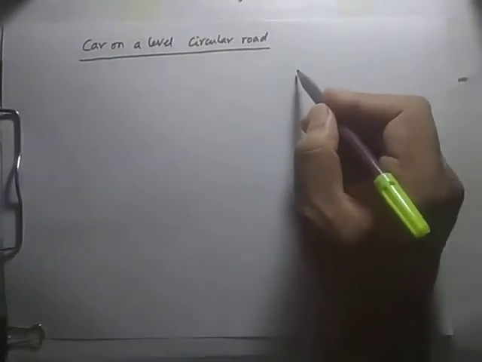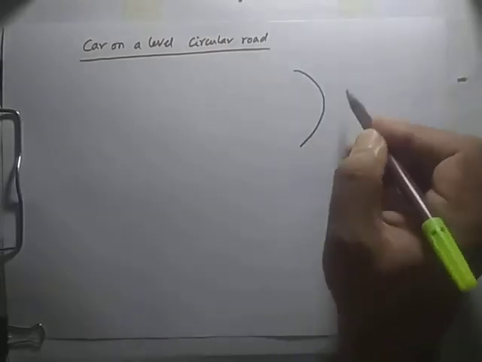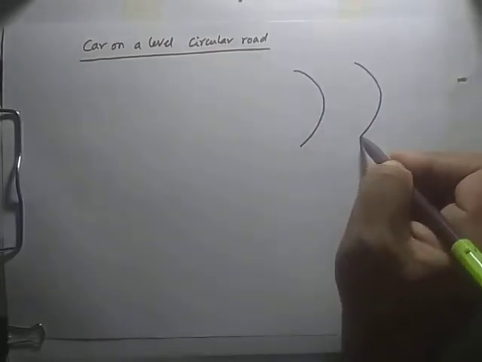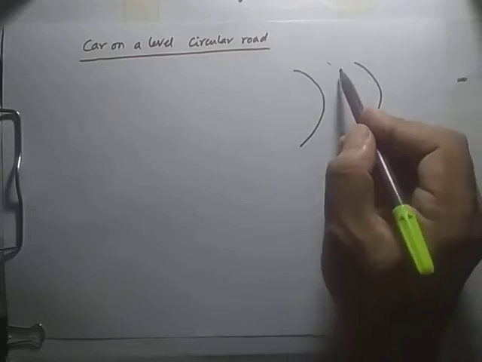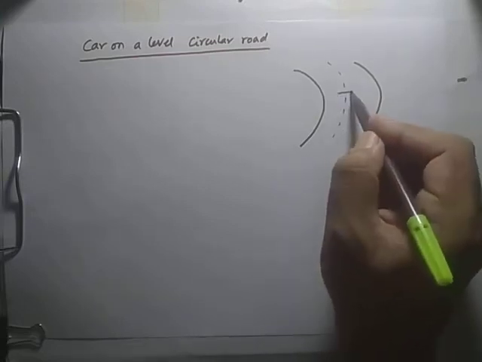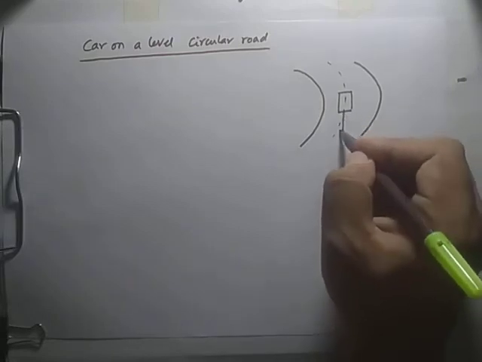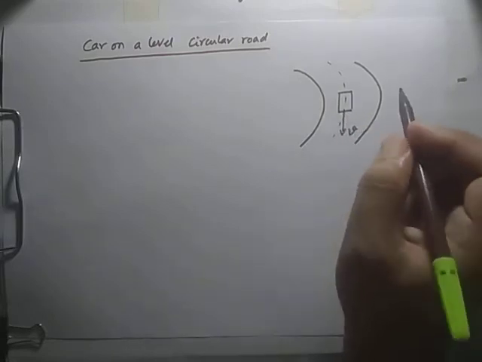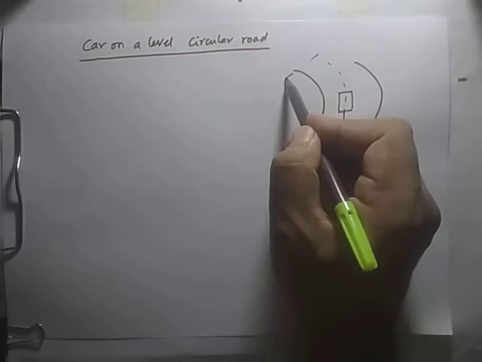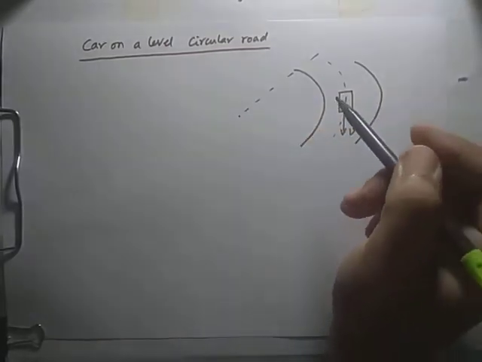So see the level circular road, this one, and the car is moving in this way. This is the car. The car is moving in this direction with velocity v, and the radius of the road is r.